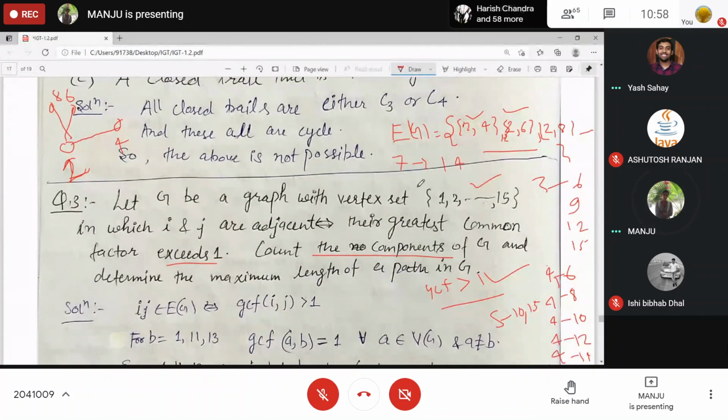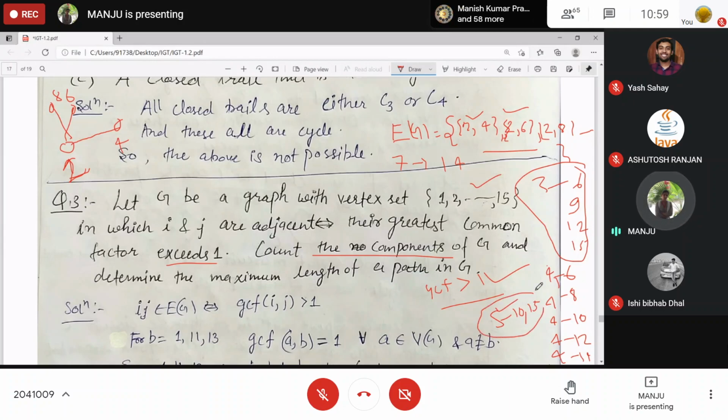What about all these odd numbers except 7? Then 8, obviously we have done. 9, 9 will be adjacent with 3, all three of these, right? 10, 10 will be adjacent with all the evens as well as 5 and 15.